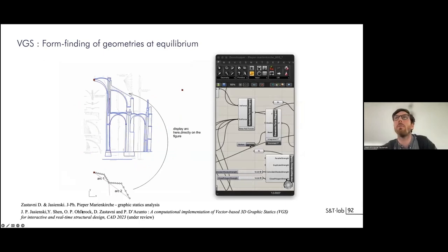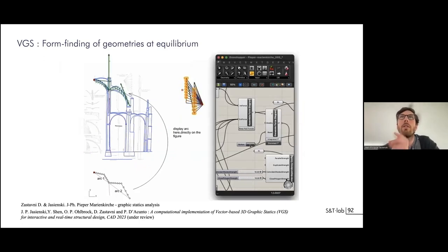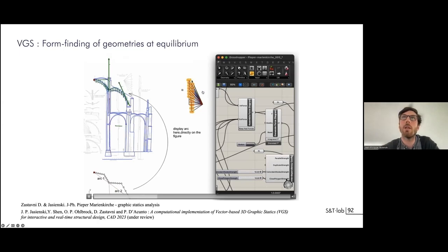So I launch it because it's quite a long process, but as you can see, we also impose some specific geometrical conditions, such as this resultant has to be vertical. And you can see that little by little, it's converging until these lines that connect the two force diagrams, the one of one arch and the other, are getting vertical.